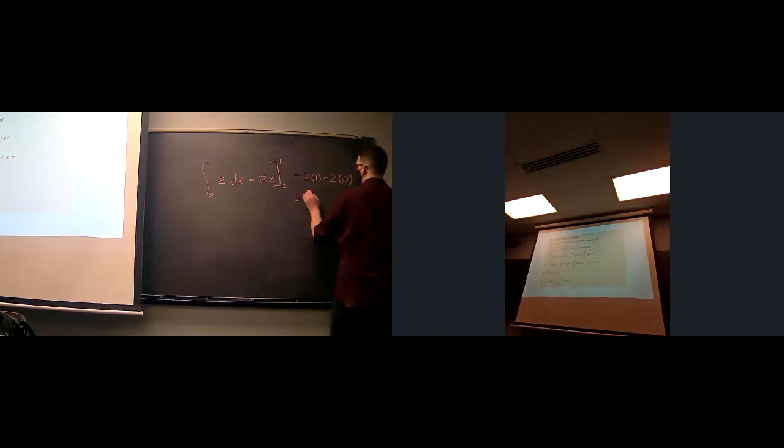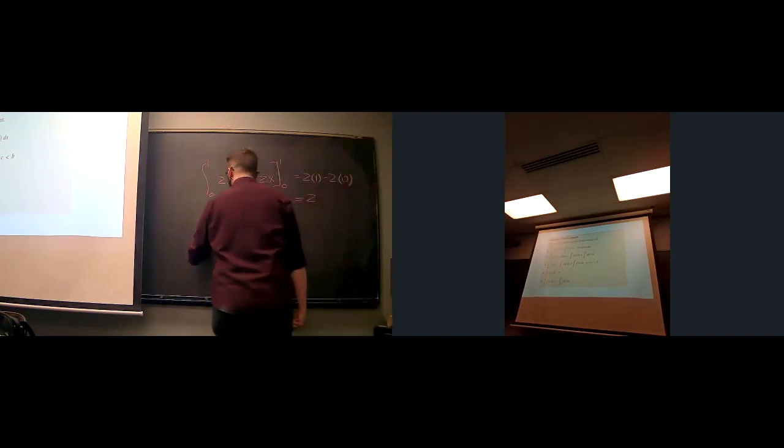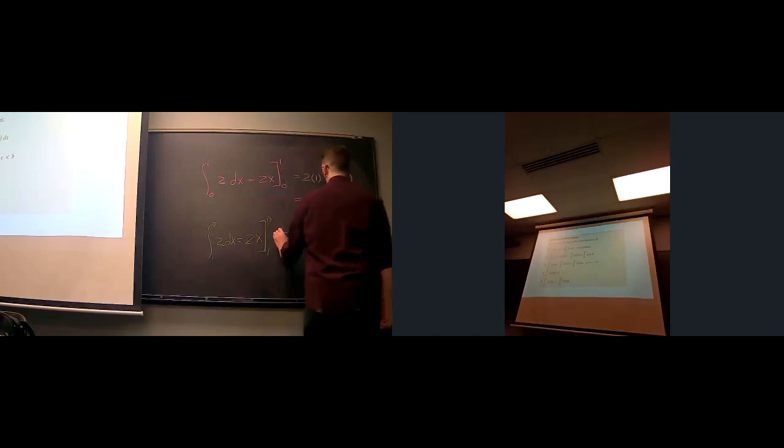This is going to come out to be just 2. Now, what if we flipped those bounds? So from 1 to 0, 2 dx is equal to 2x evaluated from 1 to 0. This is going to be 2 times 0 minus 2 times 1, which is equal to -2.